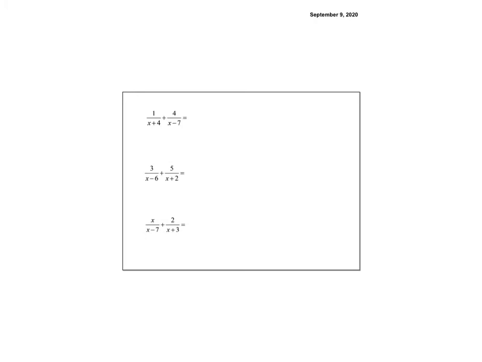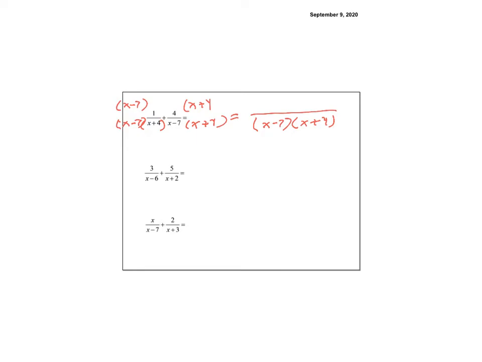No, they don't match. So I'm going to multiply this side by x minus 7 and this side by x plus 4. So our common denominator is going to be x minus 7 times x plus 4.